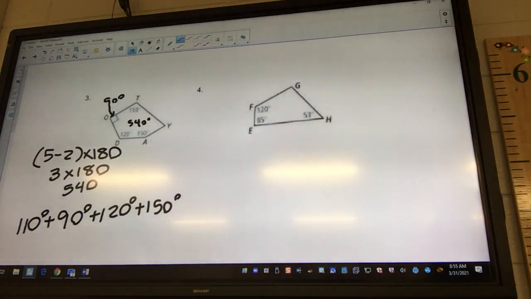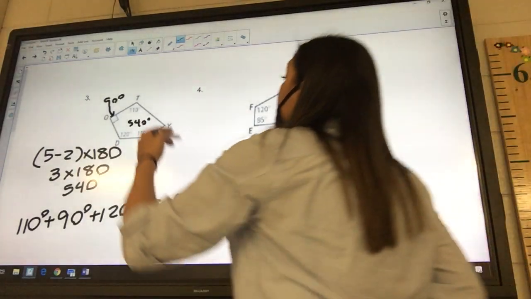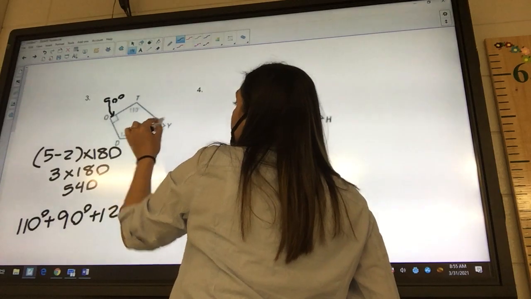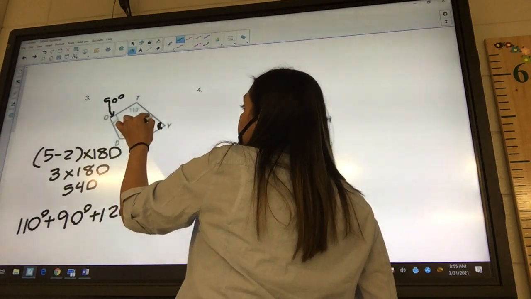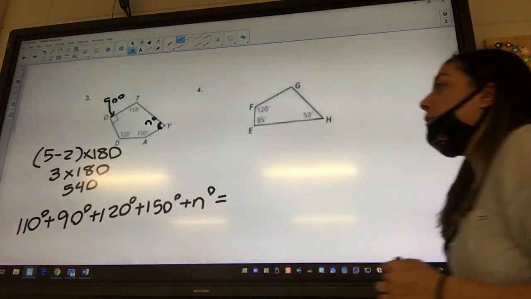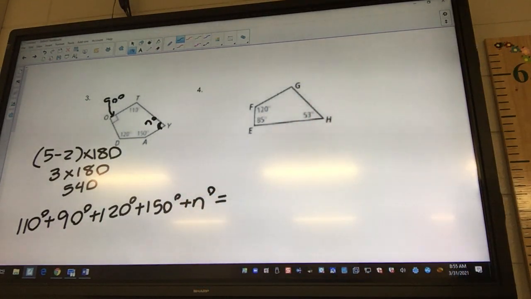There's nothing labeled there, so you can call it n if you want to. So plus n degrees is going to equal what? 540.